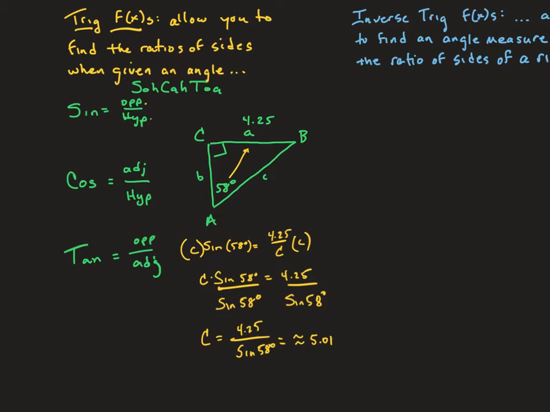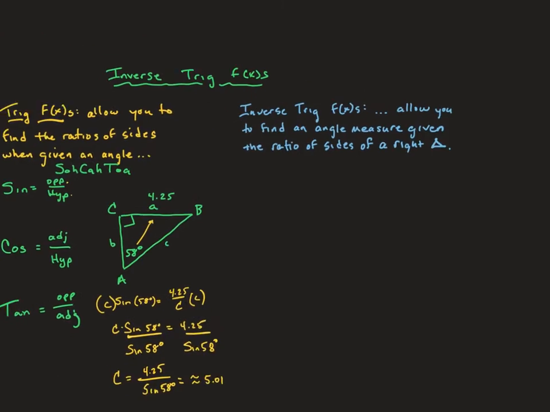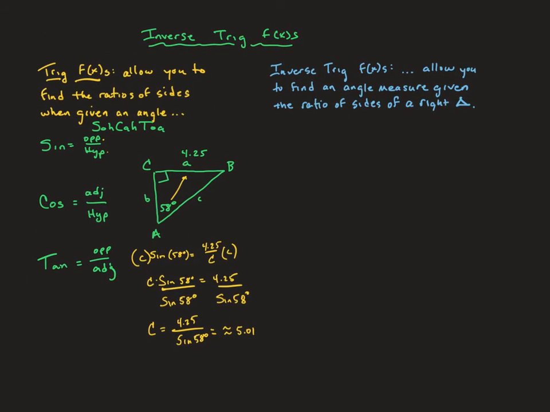So we were able to find some of these, but now, working with our inverse functions, we are going to go backwards from that. The inverse functions allow us to find an angle measure given the ratio of sides. And you may recall that the inverse of a function reverses the input and output values of a given function. So my inverse functions will be written like this: the inverse of sine, and we would say arc sine.